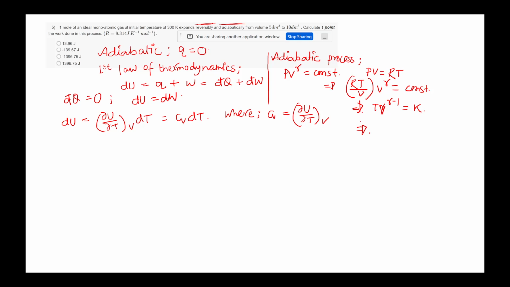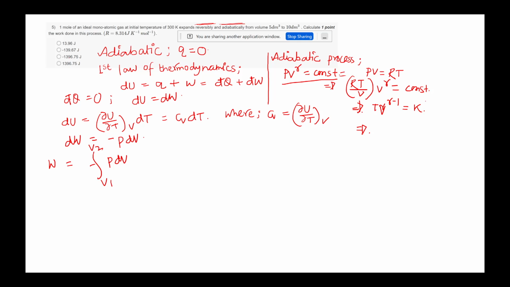Let's see what the work done would be. As we know, dW is minus PdV. So W in the whole process will be the integral from V1 to V2 of minus PdV. But for a reversible adiabatic process, we know these expressions, right?